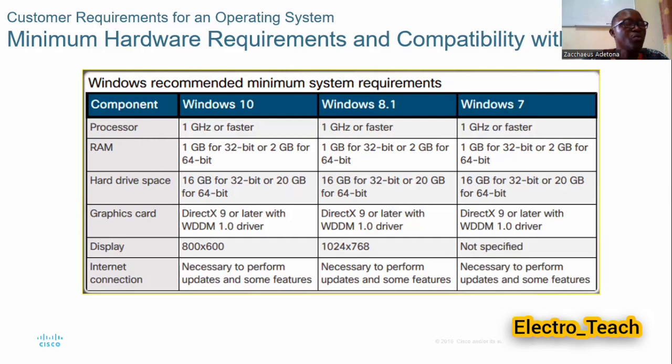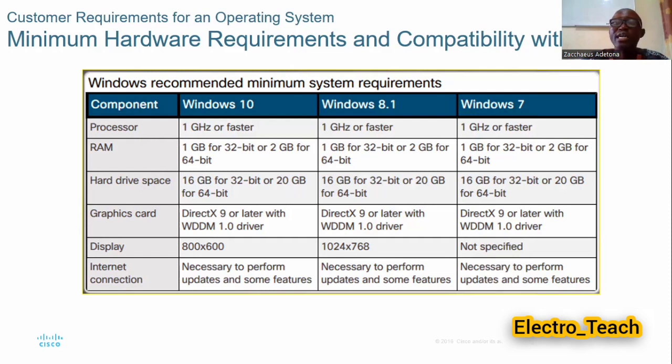For the processor, Windows 10 needs a minimum of 1 gigahertz. That is, the speed must be at least 1 gigahertz or faster. The same goes for Windows 8.1 and Windows 7: 1 gigahertz minimum.